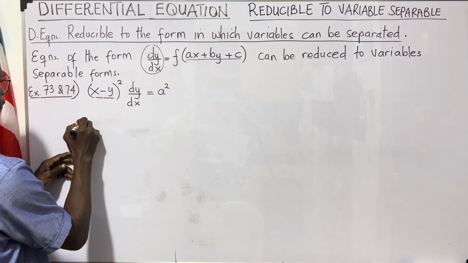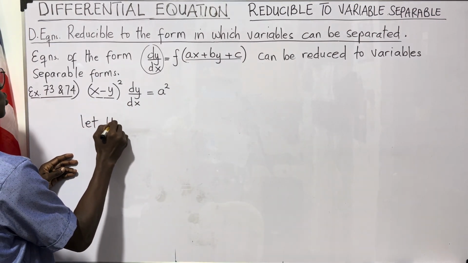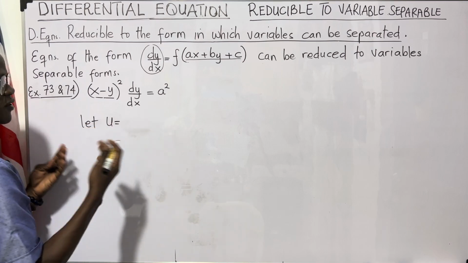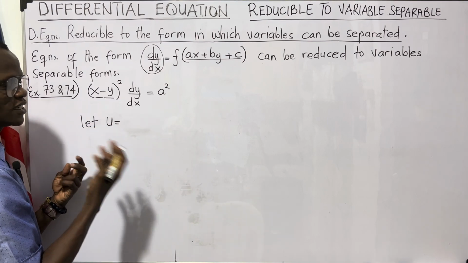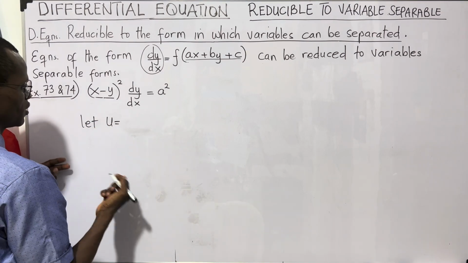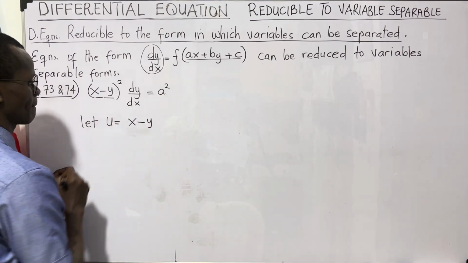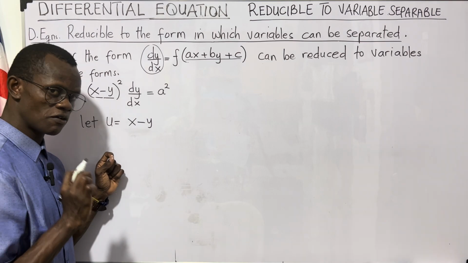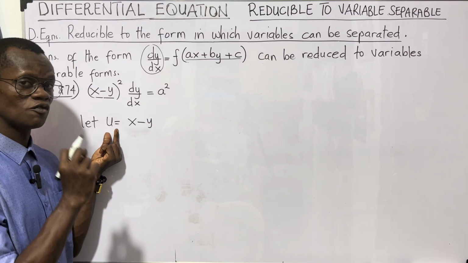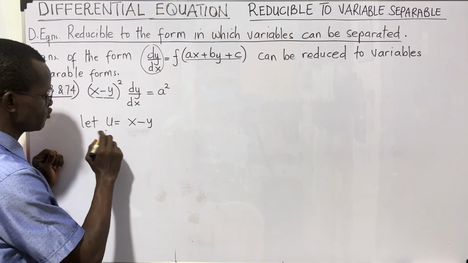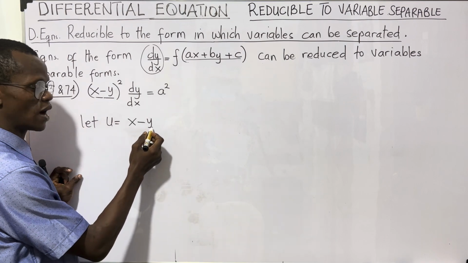Let u equals x minus y. You don't have to use a particular variable like z; you can use any other variable. So u is a new function we've brought into the problem, and now we have two functions, u and y.